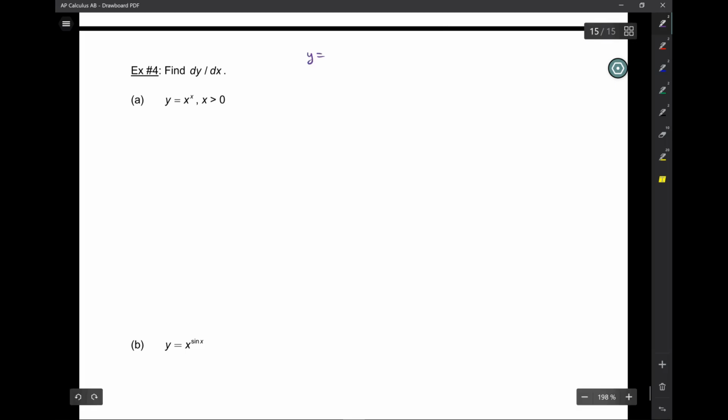So y equals x to the x. We're going to take ln of both sides. And now this x comes down. So I have ln of y equals x ln of x. Okay? We just did step 2.